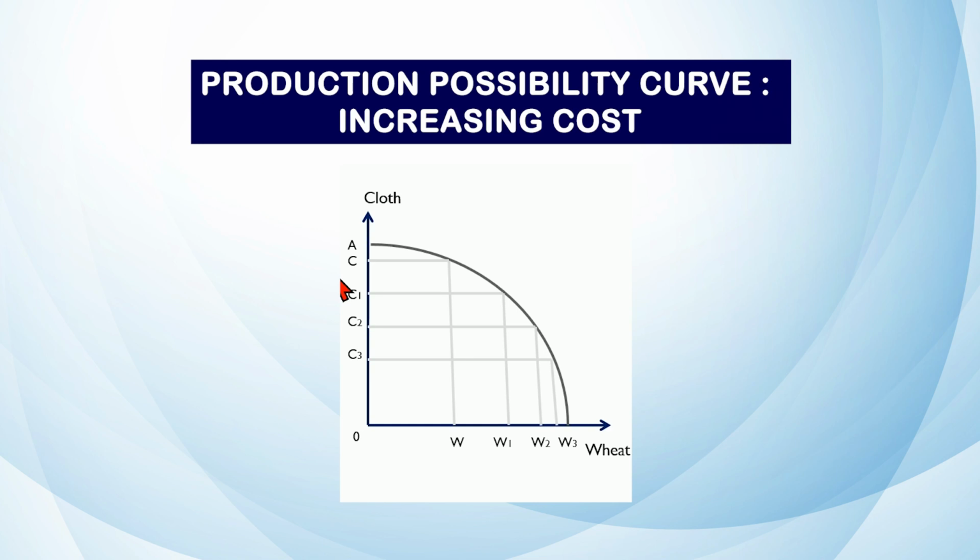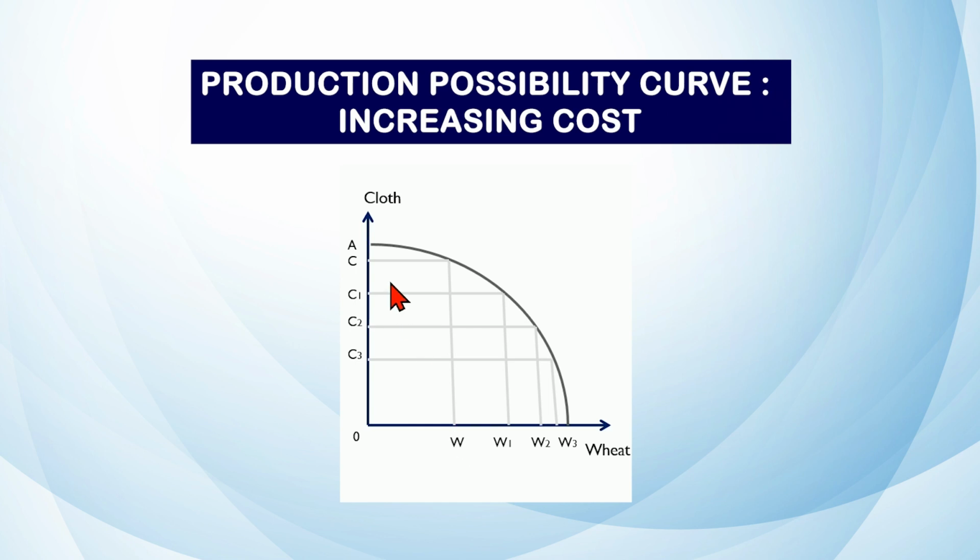Look at this diagram. If I sacrifice the first unit of cloth from A to C, the diagram is a little complicated in the sense that AC does not look equal to CC1, but students assume that AC is equal to CC1. So if I move from A to C, just by sacrificing 1 unit of cloth, how much wheat is being produced? It's OW amount of wheat.